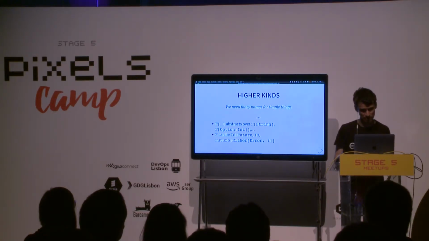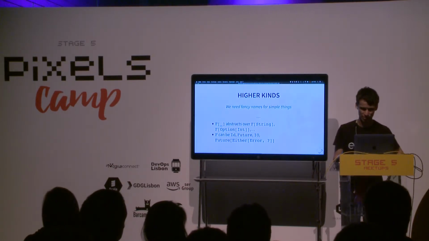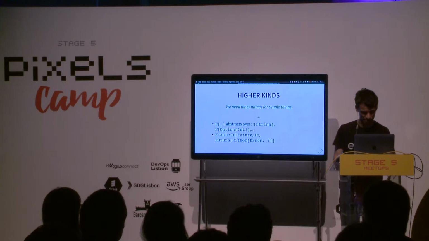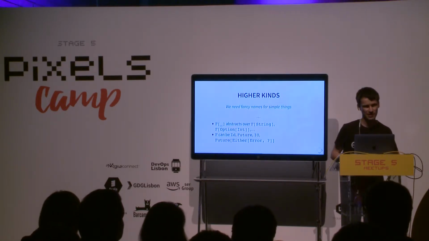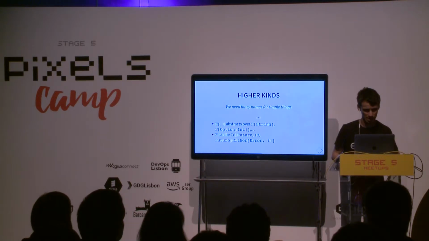This is just a single element type constructor, but you can have two holes or even more. But they are not as common as this question mark syntax. It's the kind projector Scala compiler plugin. It's not standard Scala syntax actually.